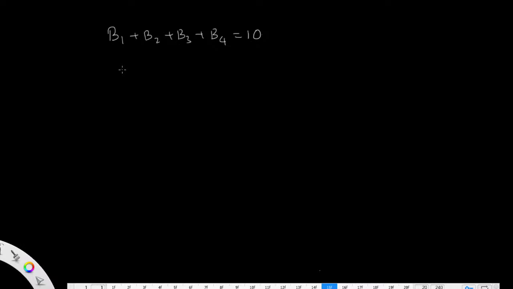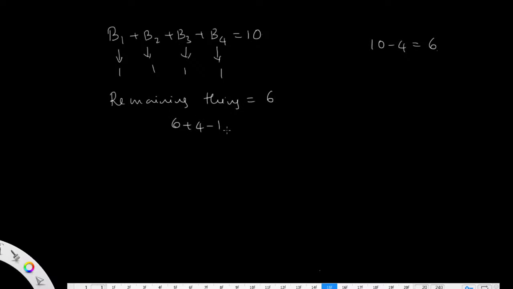So distributed at least one biscuit each, so total 10 minus 4 is equal to 6. So remaining things equal to 6. Therefore, by Beggar's formula, 6 plus 4 minus 1 C, 4 minus 1, that is equal to 9C3, that is 9 into 8 into 7 by 3 into 2 into 1. 3 3 is 9, 3 4 is 12, that is equal to 84. So option is first option.